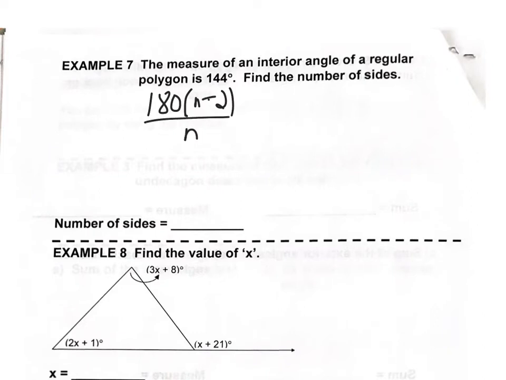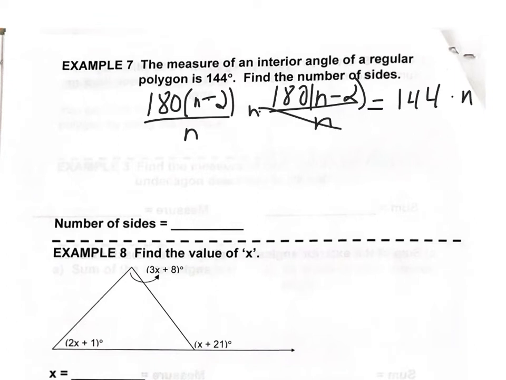So we're going to do 180(n minus 2) over n equals 144. We multiply by n on both sides, so we have 180n minus 360 equals 144n.